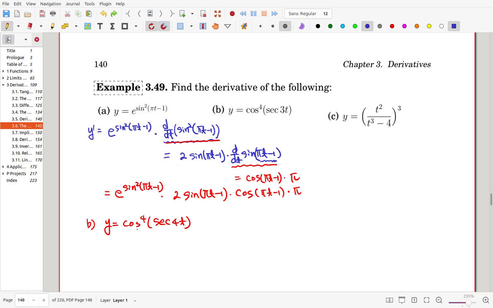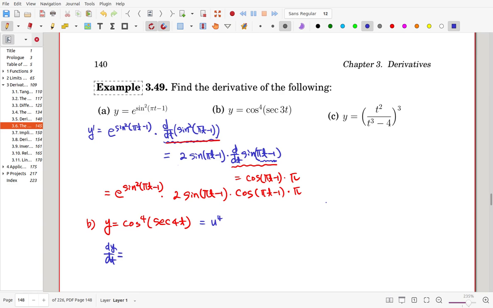Then that is the variable to the fourth power, so dy over dt is the same as... okay, once cosine of sec 4t is a variable, then that is basically the variable to the 4.